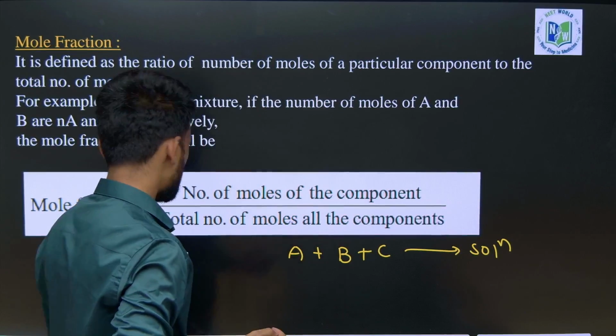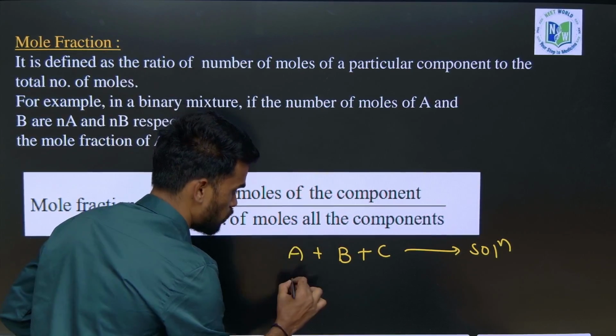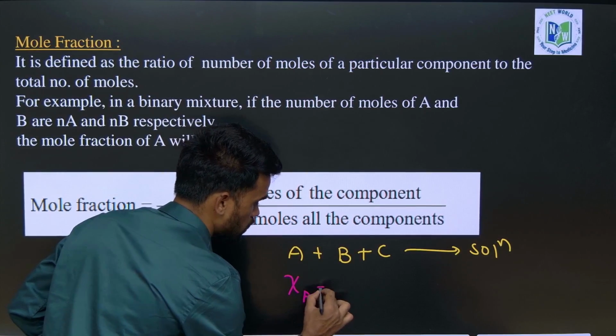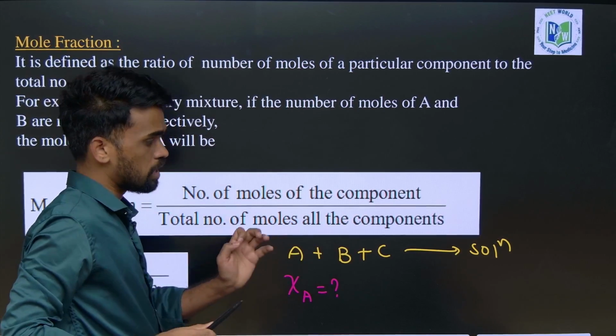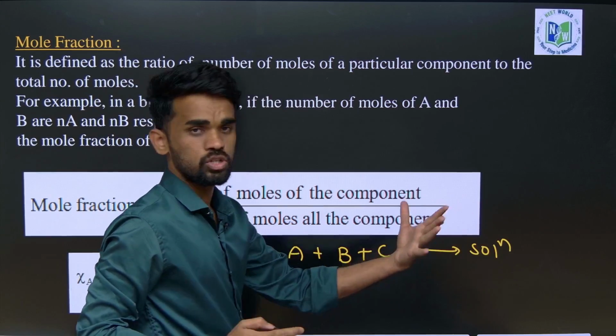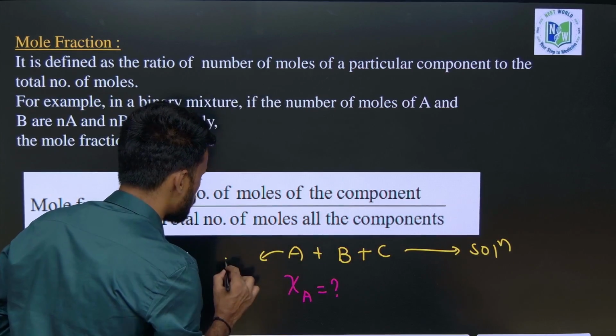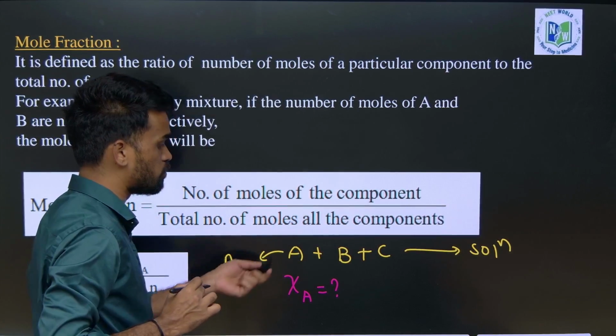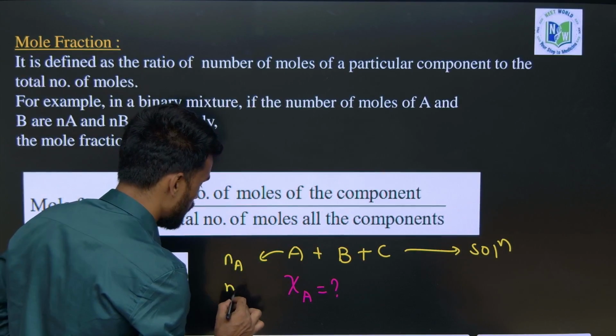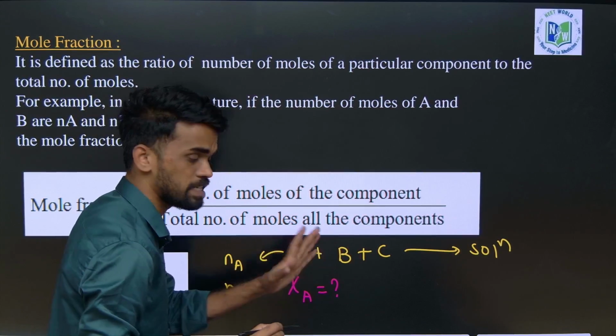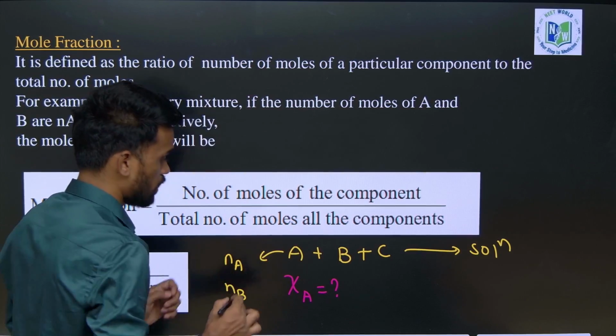Now, what is the mole fraction of A, if I ask? How do we do this? Let us say, in order to make this solution, Na moles of A is taken. Similarly, Nb moles of B is taken and Nc moles of C is taken.